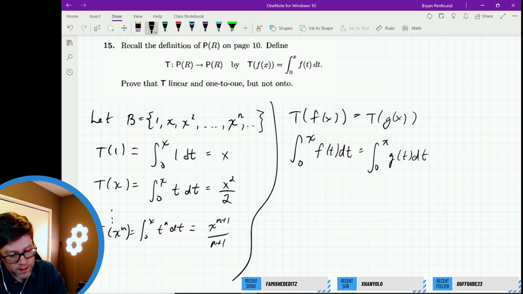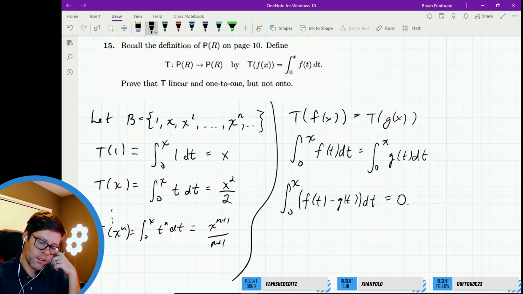We could probably subtract these, since they have the same indices. So we would get f(t) minus g(t). That would have to have 0 area.